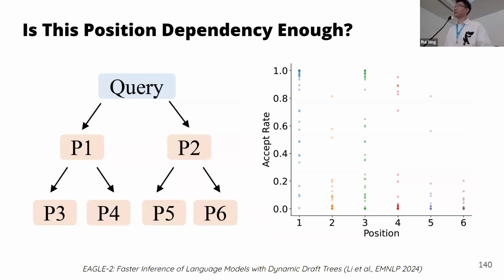However, if we look at a specific position, like P1, we can see that different tokens have different acceptance rates, and it varies a lot. Some tokens have near 0 acceptance rate, and some have near 100%. What is the reason behind this phenomenon? It is because different tokens have different contexts. They are of the same position, and the only difference is the previous context of the token.